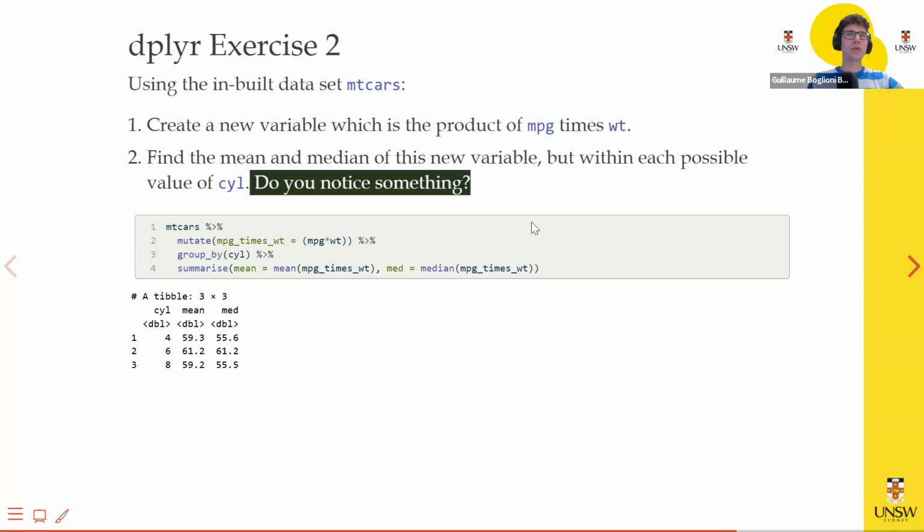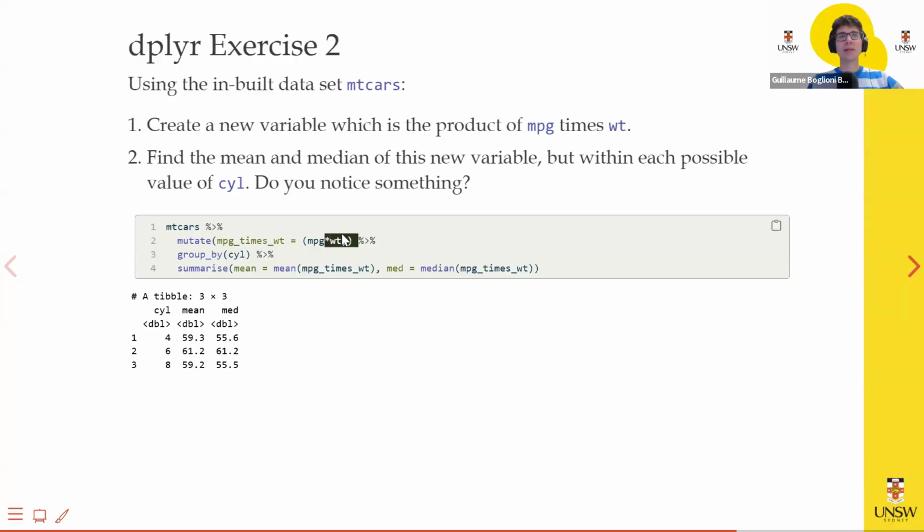And then they ask you, do you notice something? Well, look at those numbers. I think what this question is going after is simply that those numbers don't change too much, right? Which when you think about it, makes some sense that they're pretty stable, because if the weight of a car increases, then most likely the miles per gallon will decrease, right? Bigger cars do fewer miles per gallon.